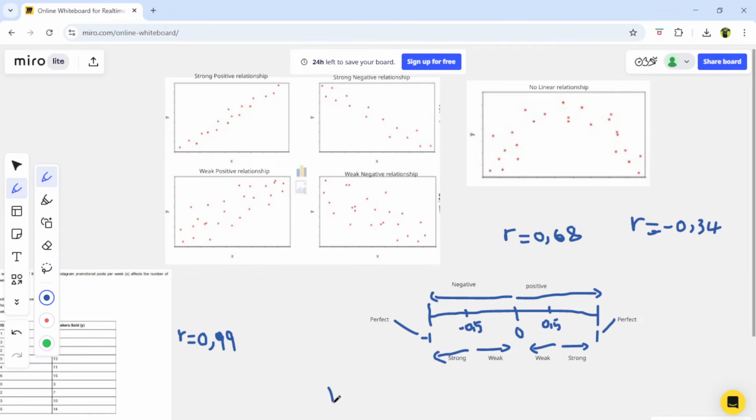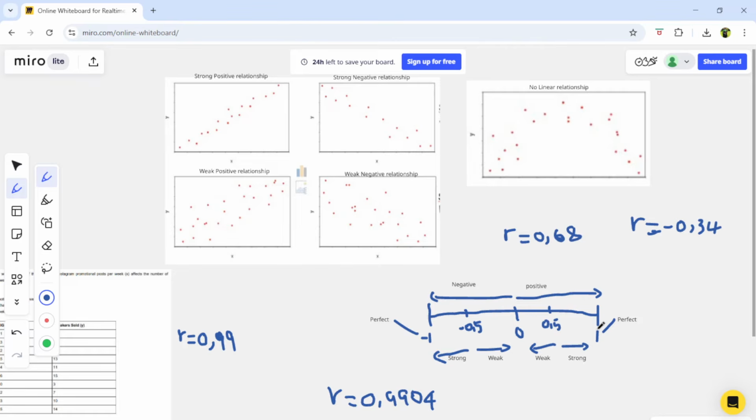Another example, r is equal to 0.9904. I said to you guys, do not round this off. It's positive and it is very strong because it is closer to 1. It's not exactly 1, so don't round it off to 1.